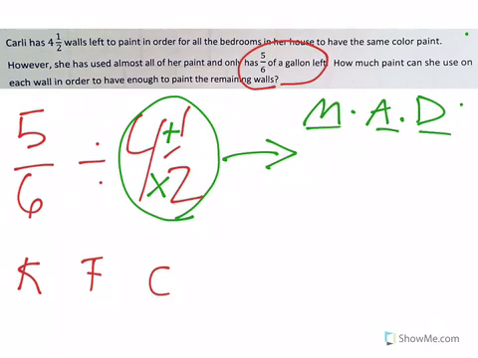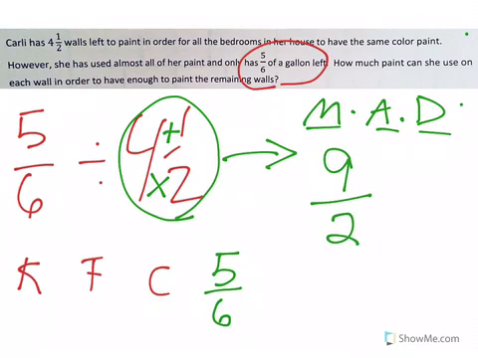Multiply, add, denominator stays the same. 4 times 2 is 8, plus 1 is 9. Denominator stays the same. So now, we're not done, but we've changed our problem from 5/6 divided by 4.5 to 5/6 divided by 9/2.